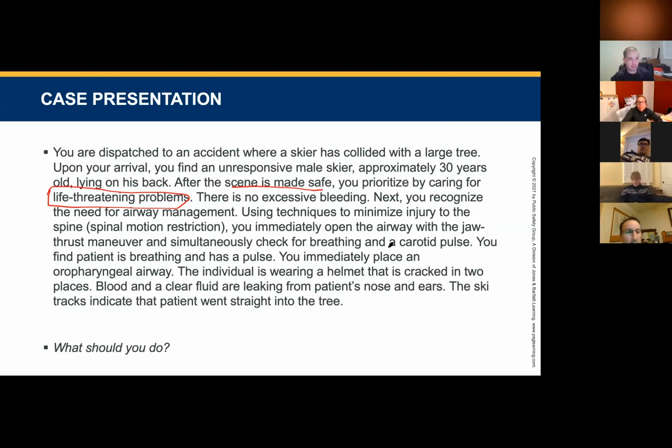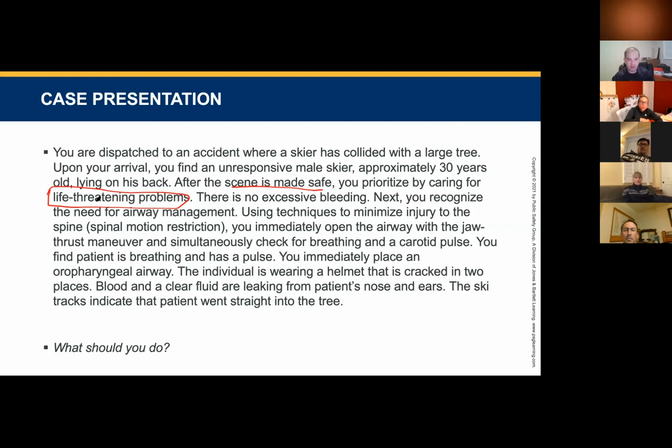Absolutely. He's unconscious, unresponsive. And does that instantly elevate your level of what I refer to as your level of oh shit factor? Absolutely, right? That's raising my level of like, hey, we need to get going now. Like, we need EMS, we need an ambulance, we need a helicopter. We need to get this patient off the hill as quickly as possible.